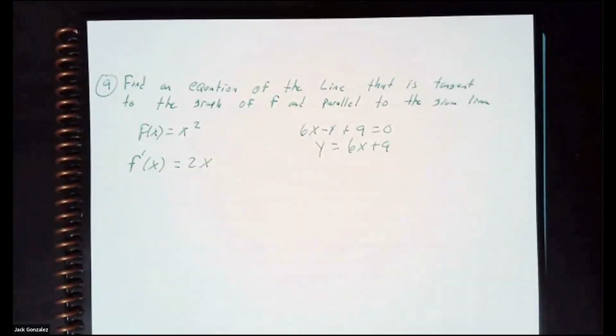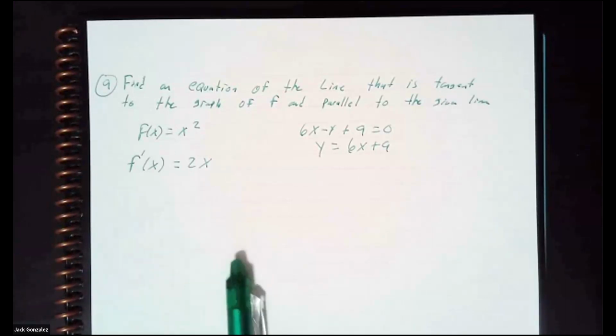Okay. So they want us to find the tangent line of the graph of f parallel to the given line. So what is the requirement for two lines to be parallel?